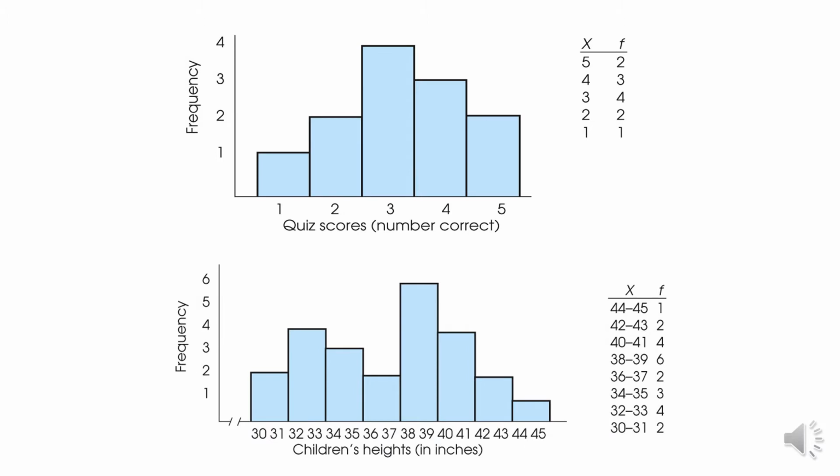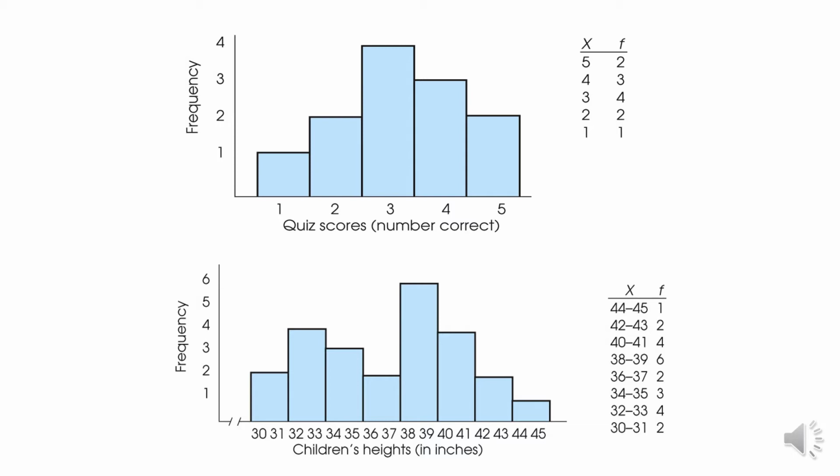The same thing applies if we have X intervals grouped as 30 to 31, 32 to 33. Here 31 and 32 are not the same. Hence these two limits have to be made the same through an adjustment.